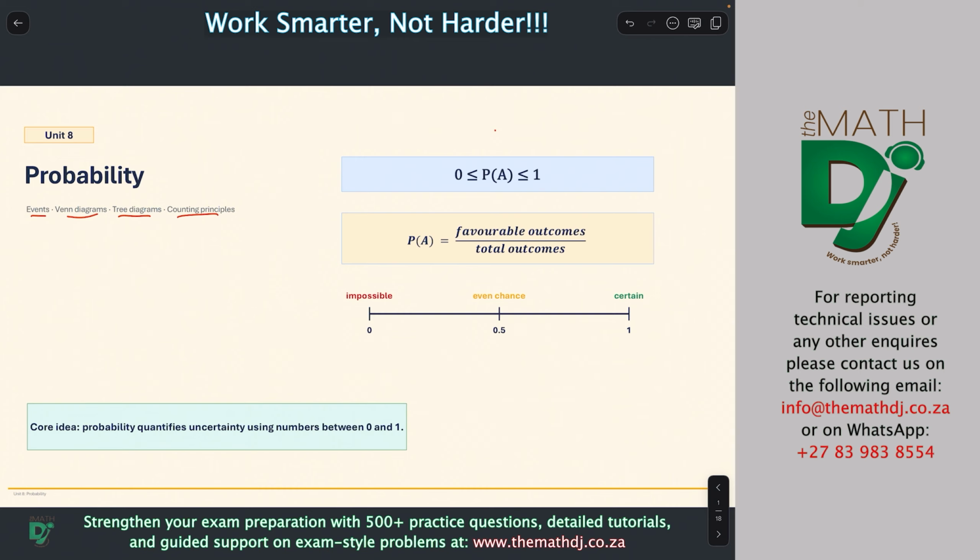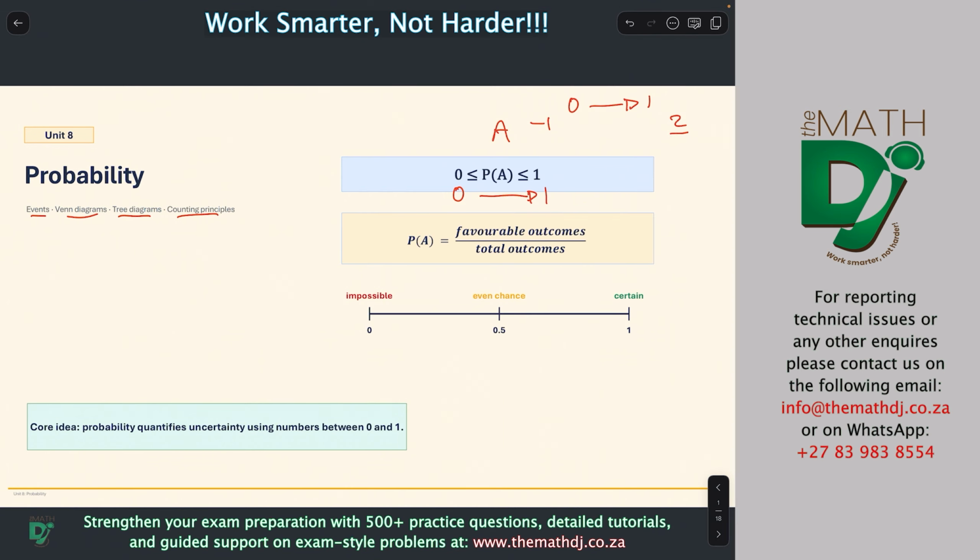So the probability of a certain event, let's call it A, ranges from 0 to 1, which means you cannot get a probability of -1 or a probability of 2.